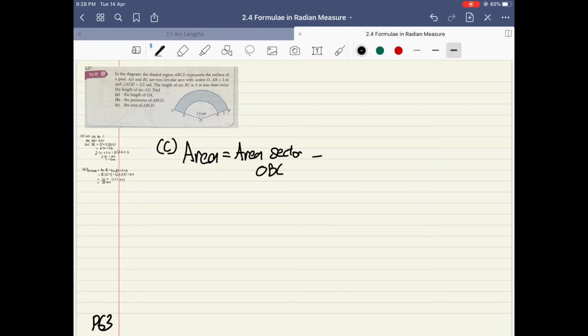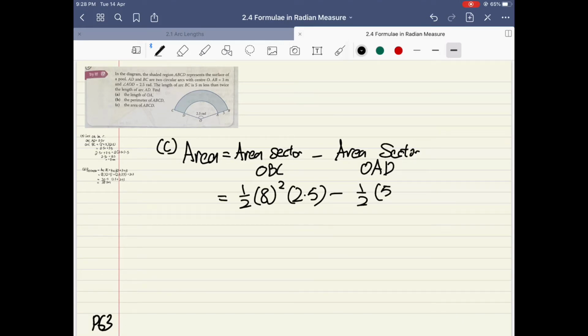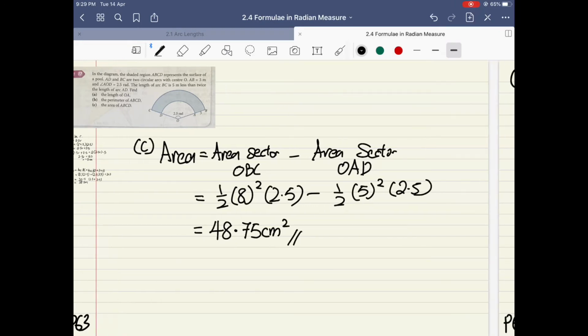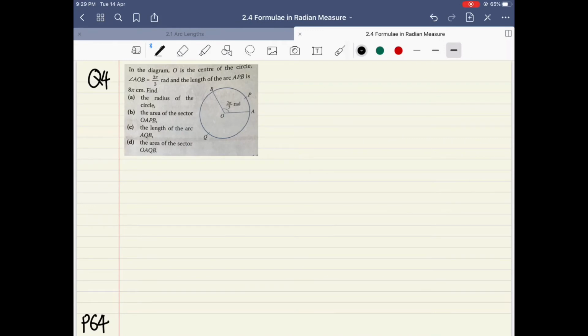So I will say that the area equals area of sector OBC minus area of sector OAD. So area of sector OBC is half times r square times theta, which is 2.5, minus away half times r square, which is 5 square, times theta, which is 2.5 as well. If I work it out, it's an exact answer, 48.75 cm square.